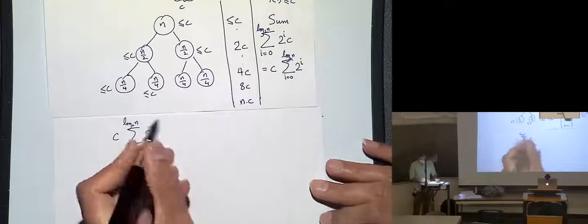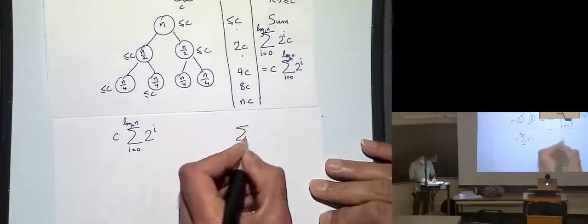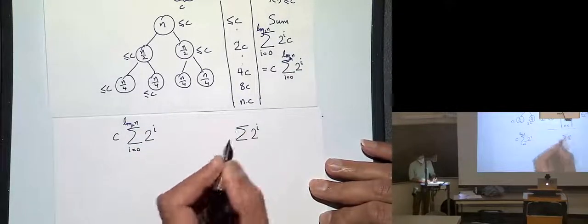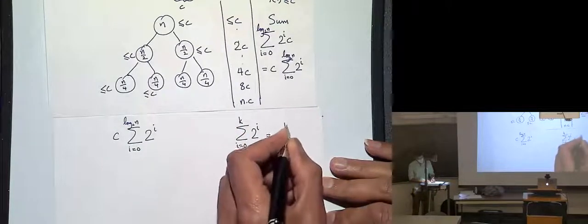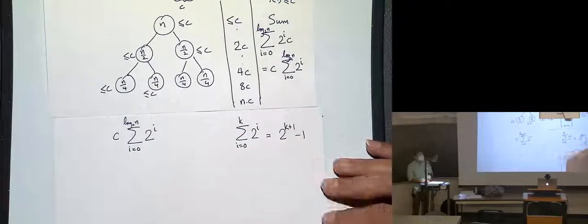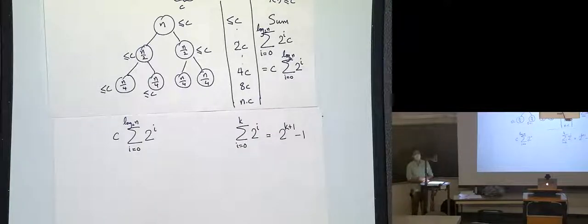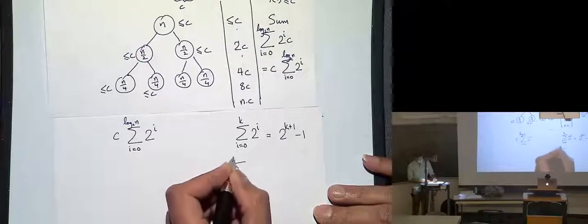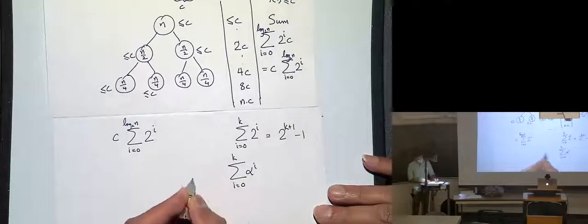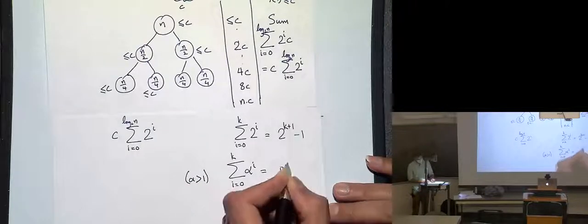This is the formula for this: the sum of 2 to the i, where i goes from 0 to k, is 2 to the k plus 1 minus 1. In general, when you have the sum from i equals 0 to k of alpha to the i, where alpha is greater than 1, then this is alpha to the k plus 1 minus 1 divided by alpha minus 1.